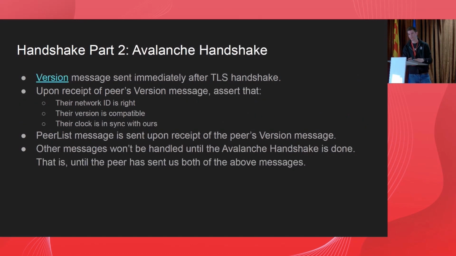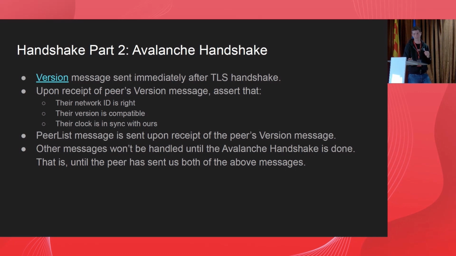Okay, so the other part of the handshake is what I'm going to call the Avalanche handshake, and this is a two-part thing. As soon as you establish a connection to someone, you do this TLS handshake. Now you know who you're talking to, what their node ID is. And then the first thing that you send them is what's called a version message.